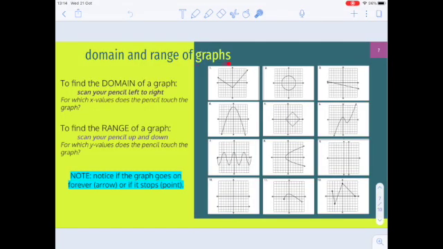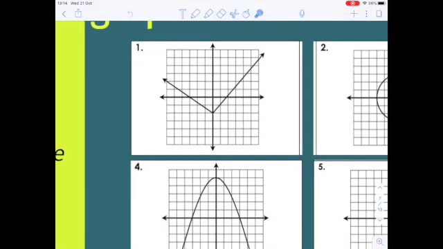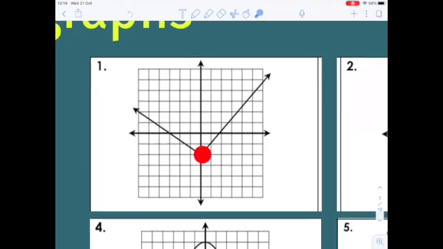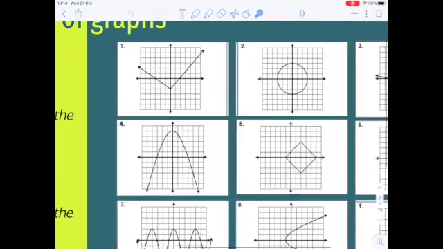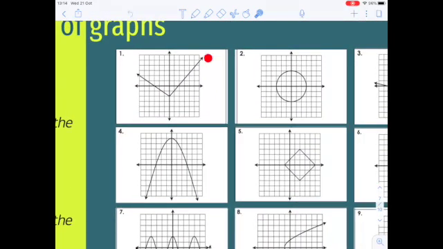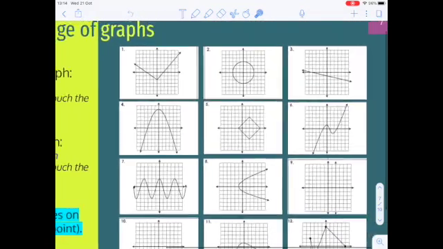So now we're going to go to domain and range of graphs. Whenever you look at a graph, I want you to think that microscopically, if we zoomed in enough, we would be able to see all of the infinite points that form this graph. Another thing to pay attention to is the following. Whenever you have an arrow at the end of a line, this means that this line goes on and on and on forever.